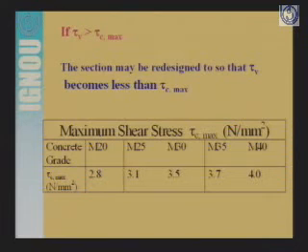So in any such case, if the nominal shear stress is more than the maximum shear stress for a particular grade of concrete, then what we do is redesign the section. We redesign the section up to the stage at which this tau v, the nominal shear stress, becomes less than tau c max.